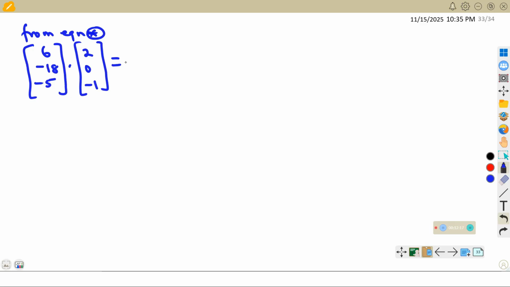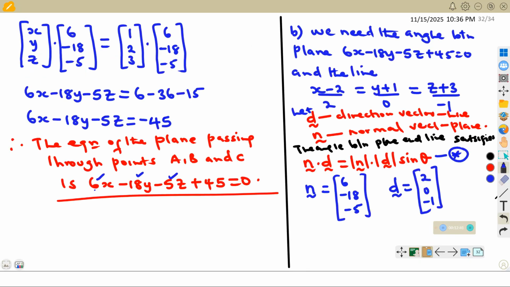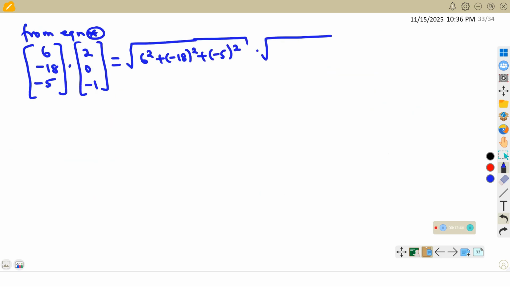This must be equal to the magnitude of n, which is the square root of 6 squared plus negative 18 squared plus negative 5 squared, multiplied by the magnitude of d, which is the square root of 2 squared plus 0 squared plus negative 1 squared, then multiplied by sine of the angle between the line and the plane, which is theta.